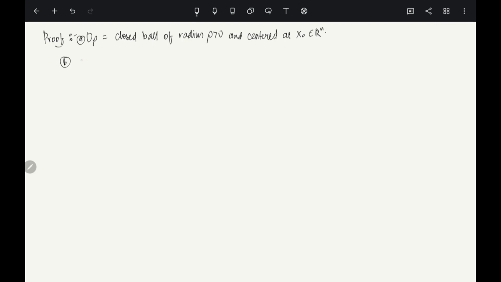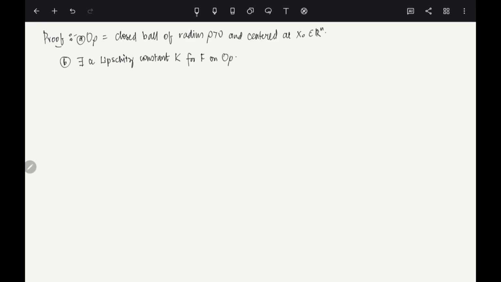B: there exists a Lipschitz constant K for f on O rho. Clear? C: O rho is a closed ball.